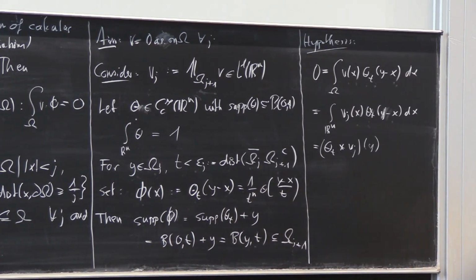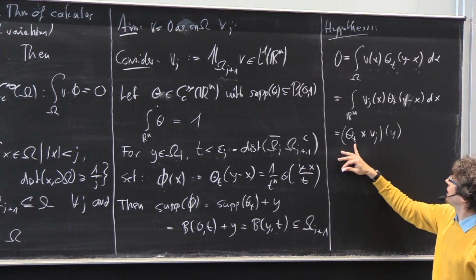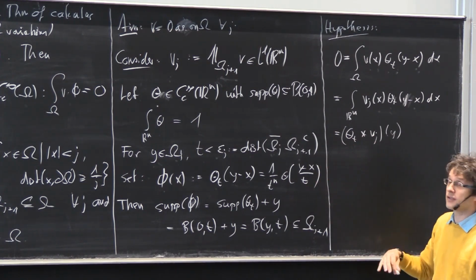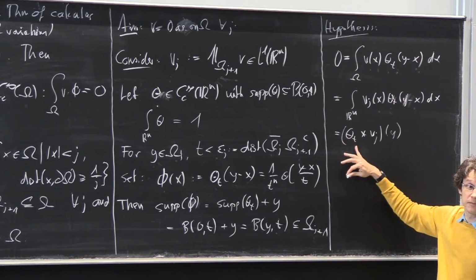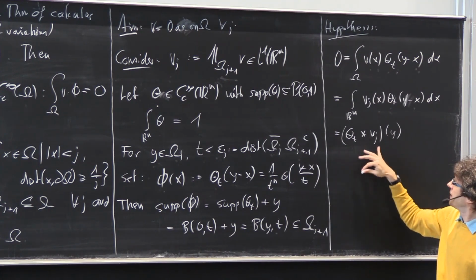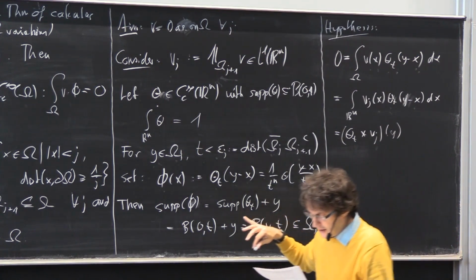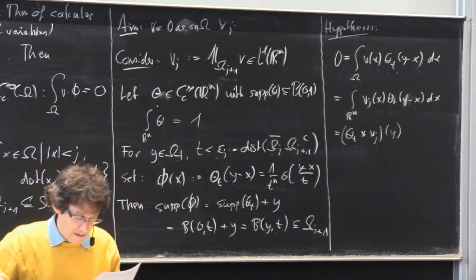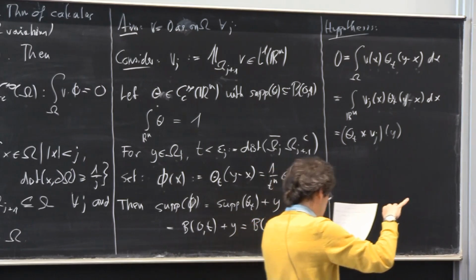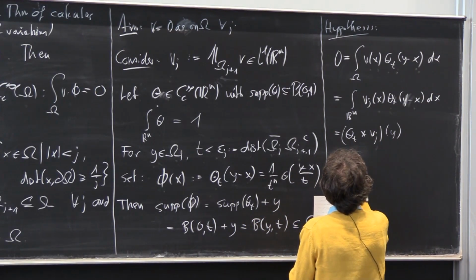And why is this good? Because we know what happens if you have a convolution with such a mollifier. This is an approximate unit. If you let t go to 0, then this will converge to Vj in L^p, in every L^p space different from L infinity. This is in the first section of this chapter.